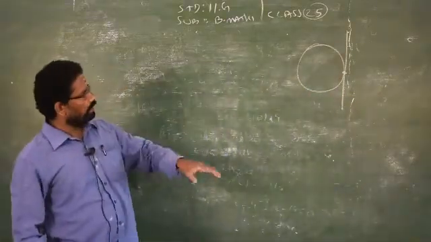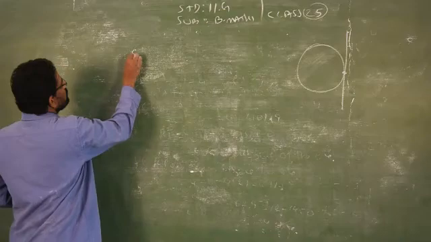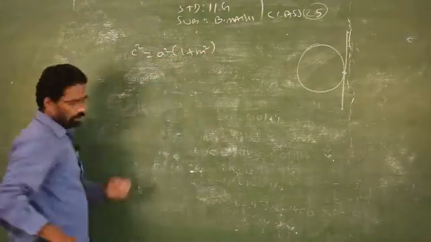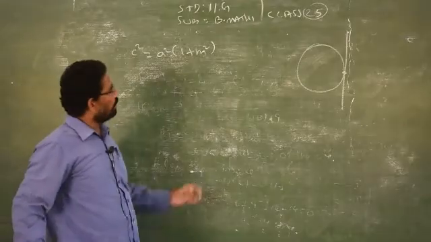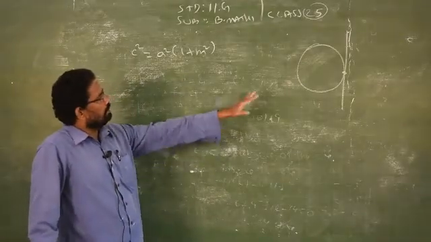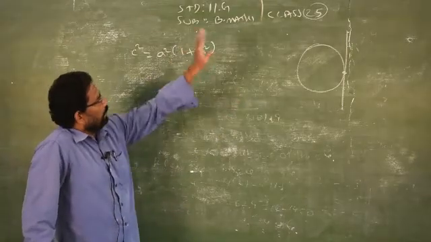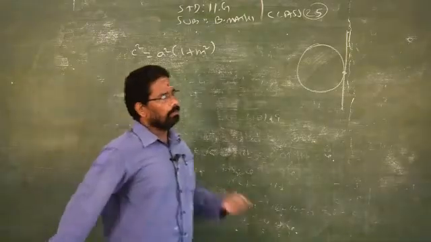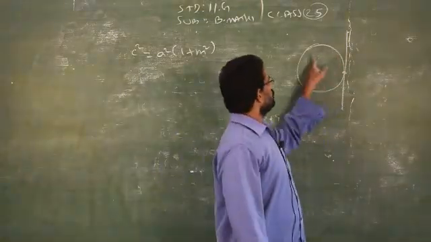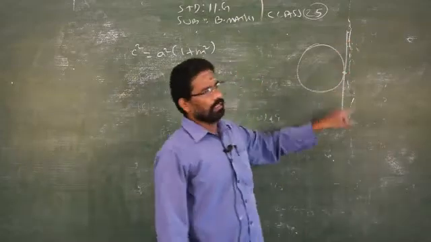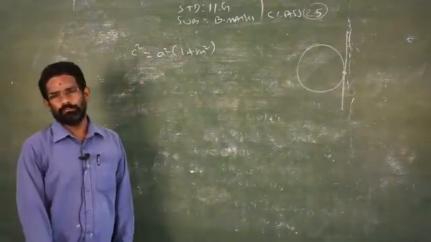The condition is C square is equal to A square into 1 plus M square. So, this is the condition for the equation to be tangent to the given circle. Once the equation and circle satisfy this condition, then you may say that the straight line is tangent to the given circle.